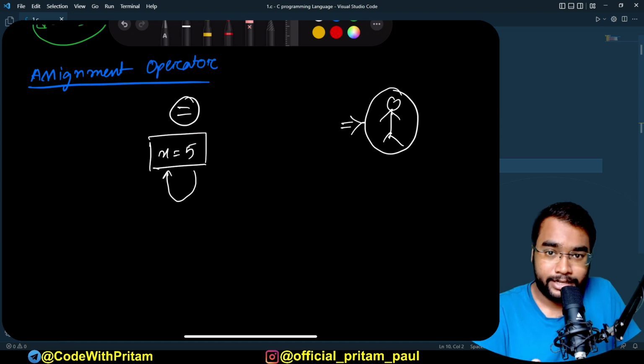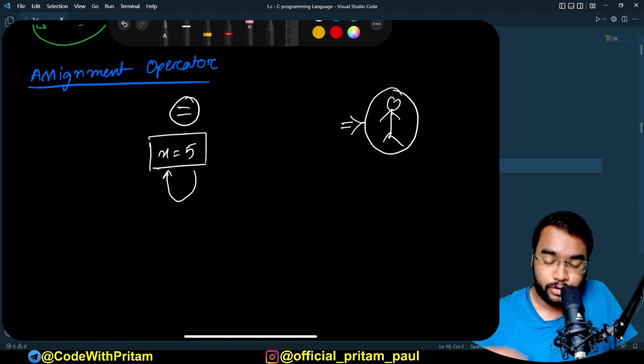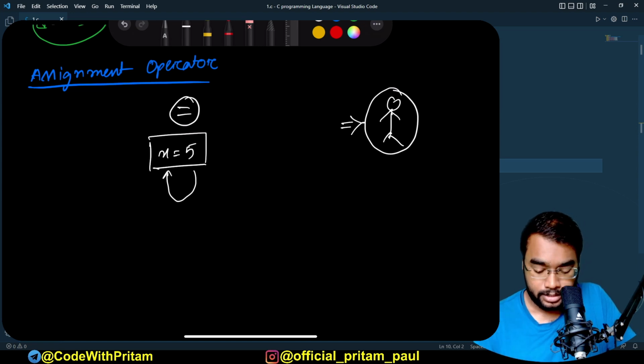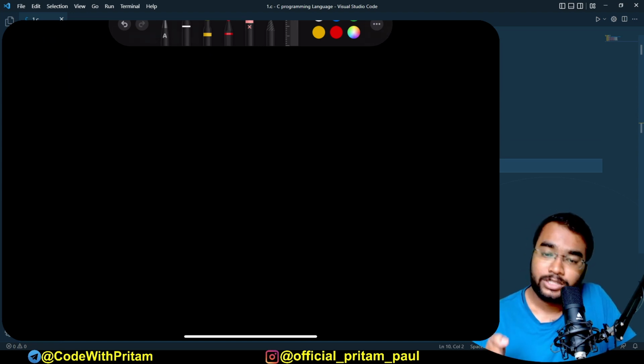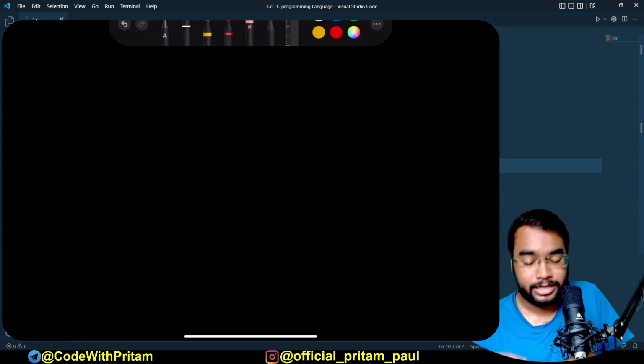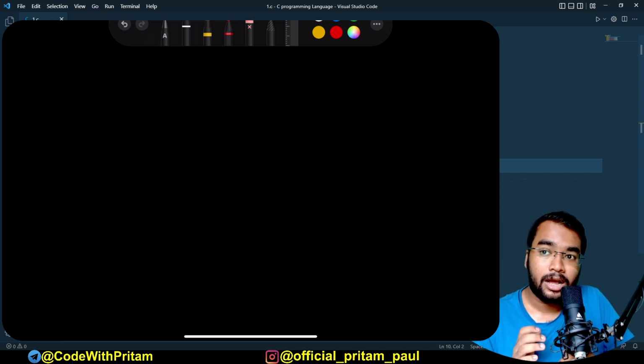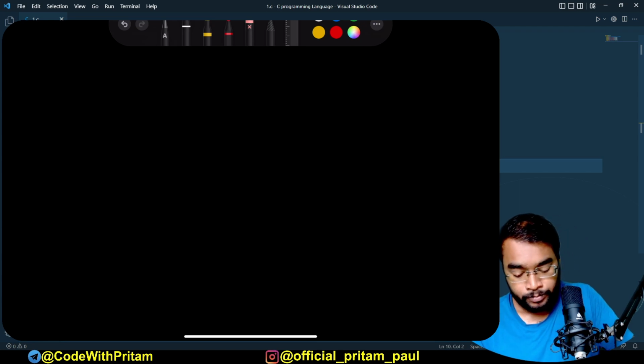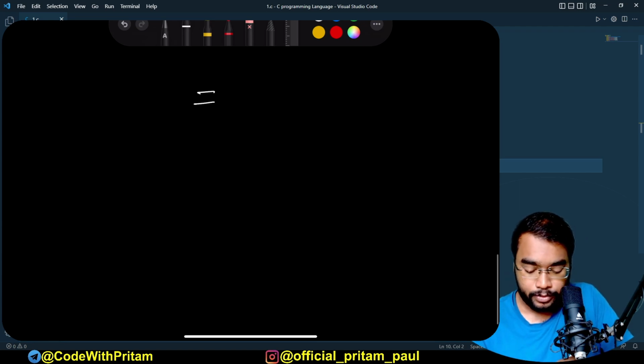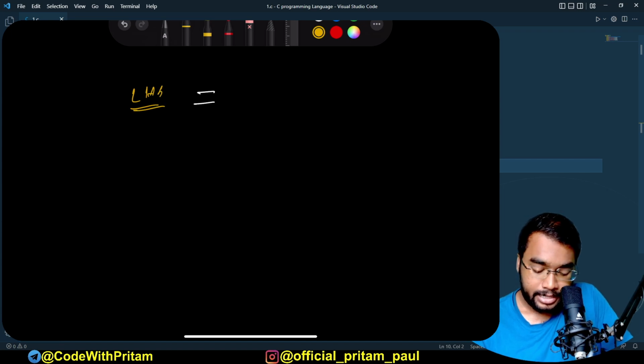Now the question is, how would we define and how would we execute all these things? Before starting with the assignment operator, you need to understand what can be written, what can be assigned and where it can be assigned. Here there is an equal sign. The left side is called the left hand side and the right side is called the right hand side.